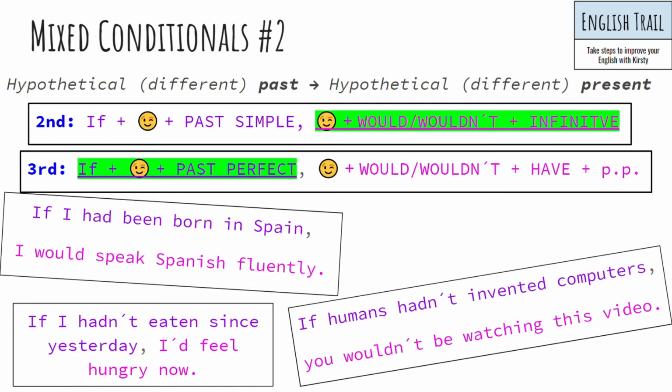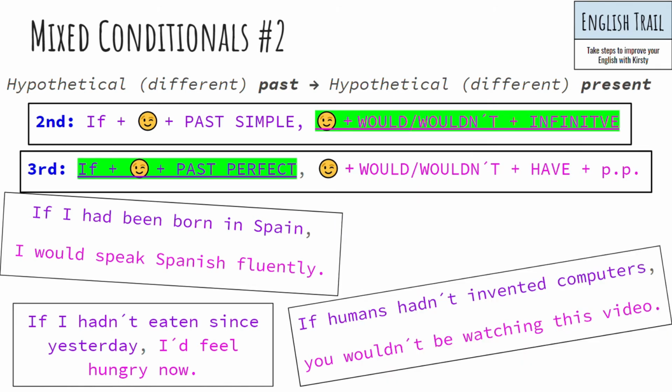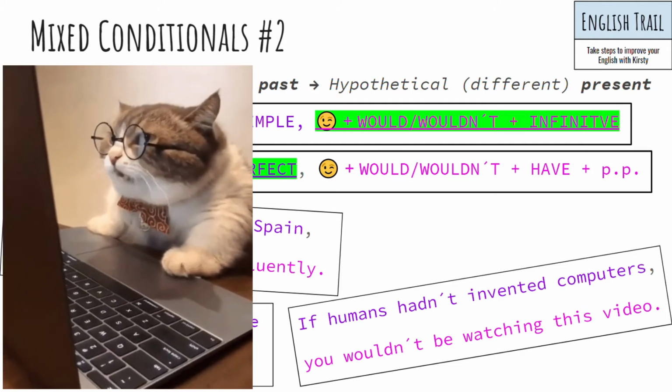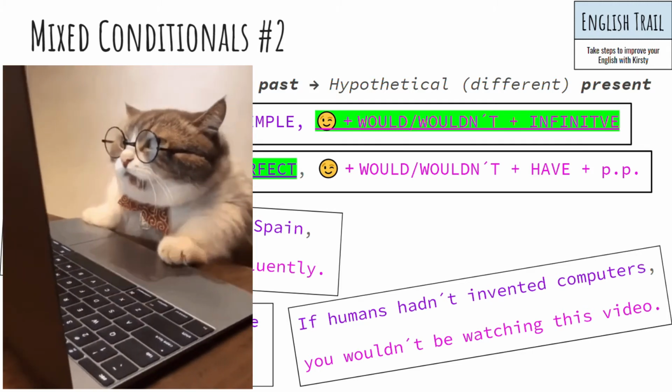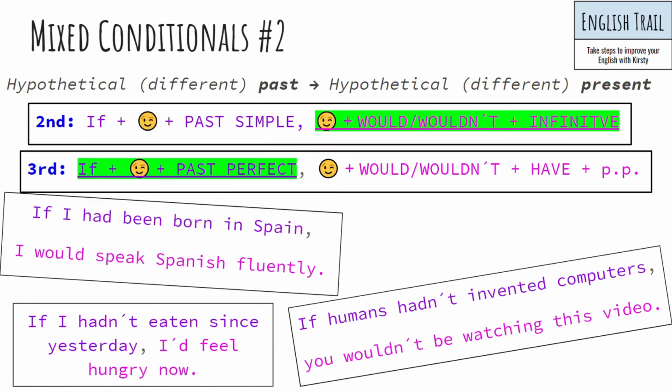So you can say, I'd feel hungry now if I hadn't eaten since yesterday. A final example, if humans hadn't invented computers, you wouldn't be watching this video. Okay, so this conditional is a really nice way of considering how changes in the past would have changed your present or changed the present situation.